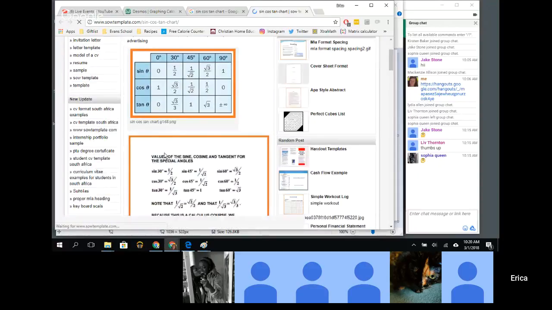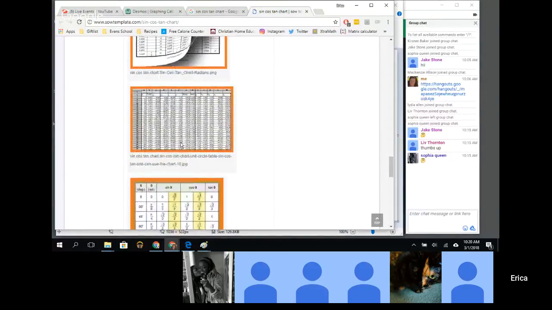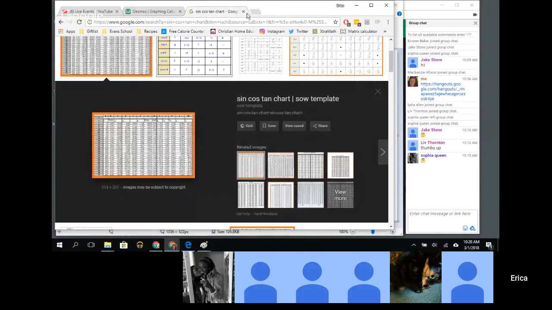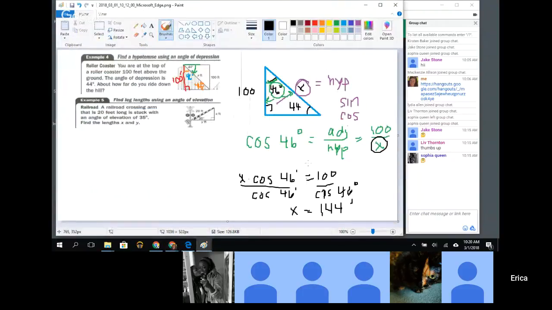Oh, well, this just shows the easy ones. You can have a huge chart that says if you take the sine of this, then it's this. That's how people used to find it. But now we have calculators, so we're not going to spend too much time on that. Okay, back to this problem.